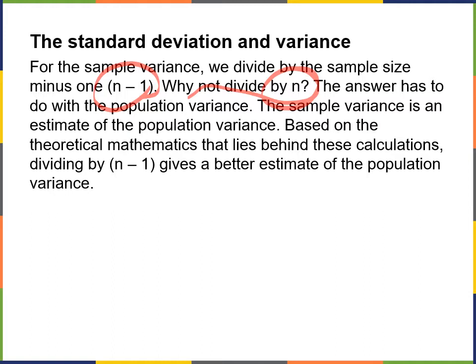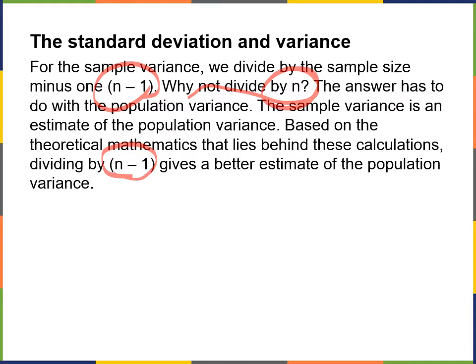It's some real heavy theoretical math inside there, but that's the main reason: it has been seen that the sample variance will be a much better reflection of the population variance if we divide by n minus 1 than if we divide by n.